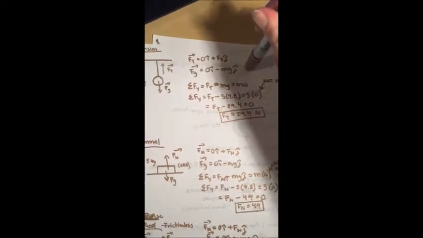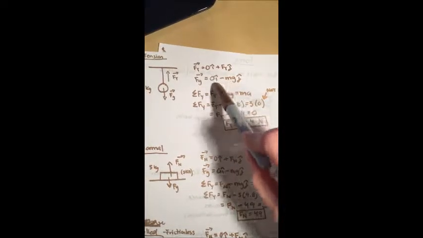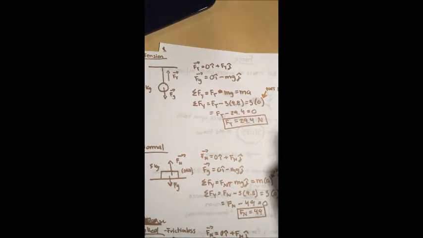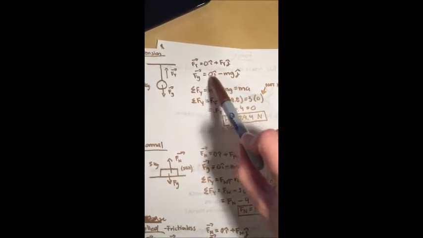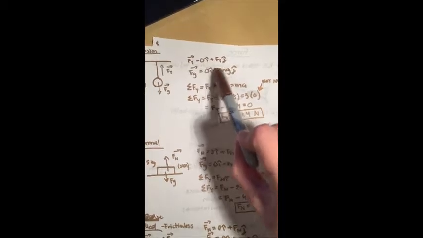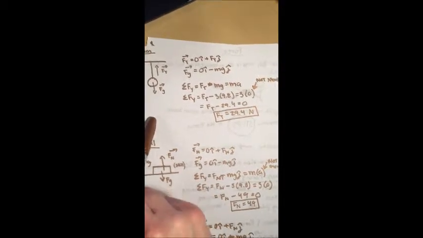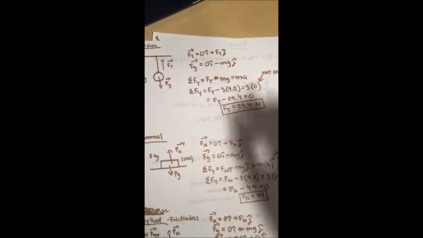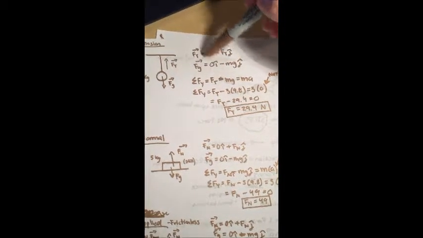And in terms of gravity, it's not going along the x-axis either, so that's going to be 0, and then negative, because it's going downwards in the negative direction, mg j hat. So now, since we have nothing along the x-axis, just cross this out and add these forces right here.